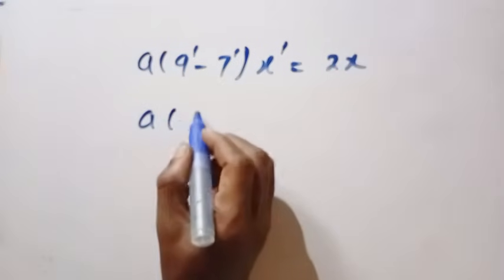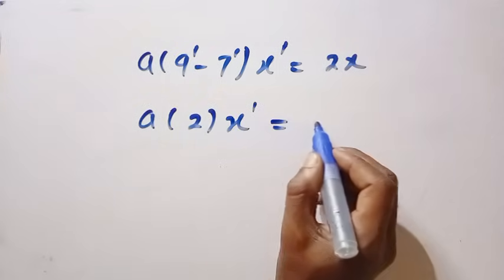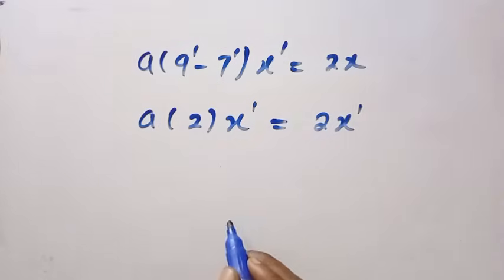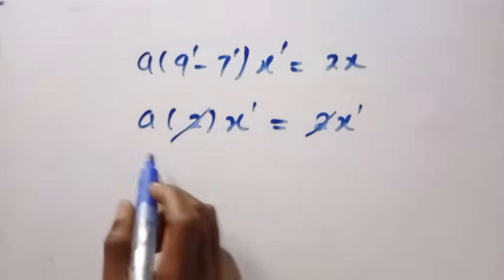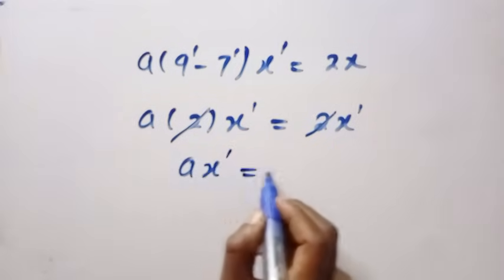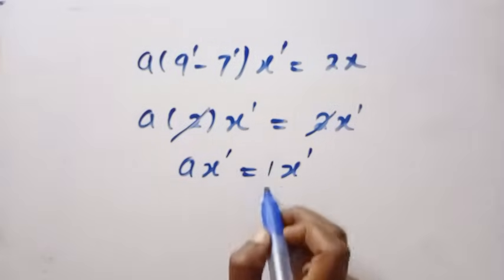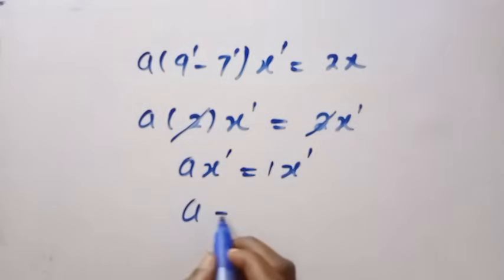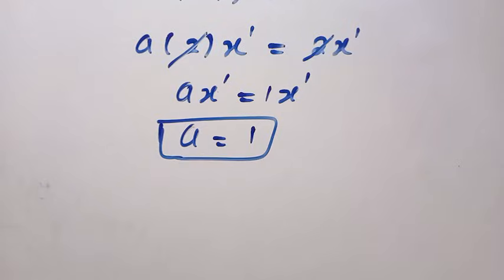So this gives us a times bracket 9 minus 7, that is 2, multiplied by x power 1, equals 2 multiplied by x power of 1. By comparing the coefficients, 2 cancels 2, so a x power 1 equals x power of 1. Comparing the coefficients, a is 1. Since a equals 1, I'm going to stop here and let's see the general solution of this.